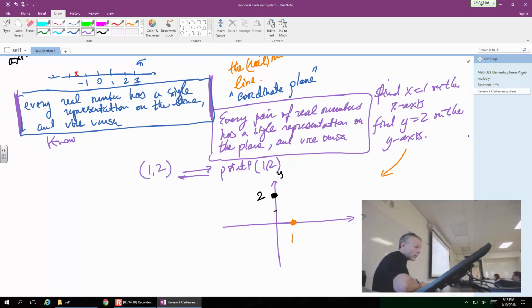Intersection of lines. So we draw a vertical line through the first point, right? That's the beginning over here. Step 1. Step 2: lines parallel to the other axis, as a matter of fact. So this will be parallel to the y-axis, and this one will be parallel to the x-axis.